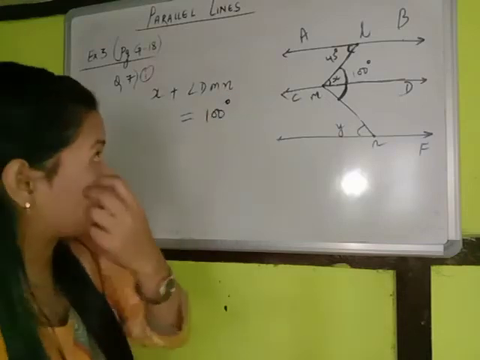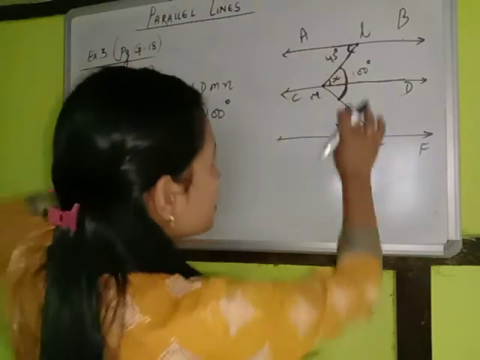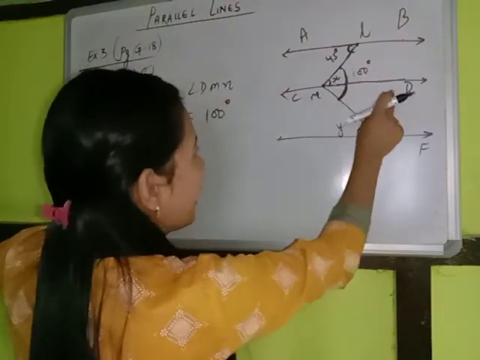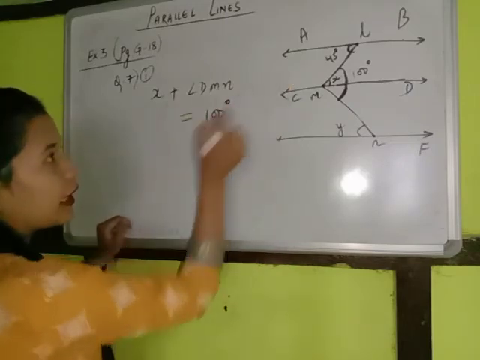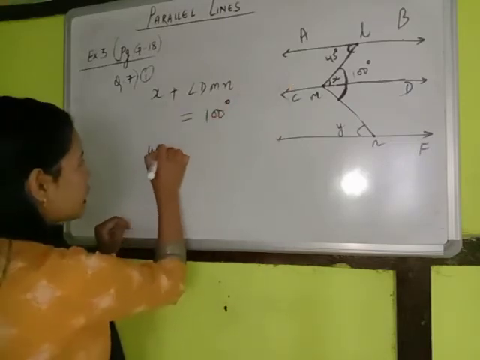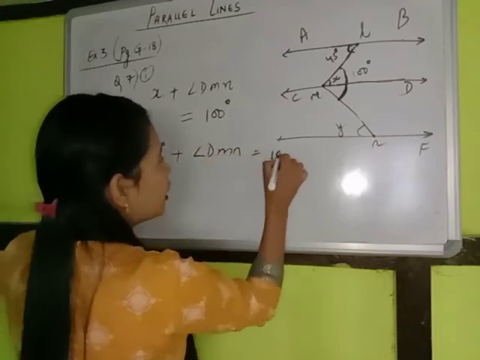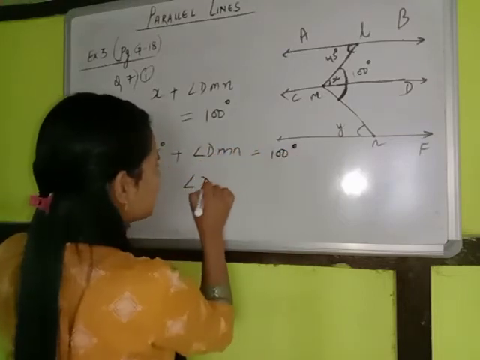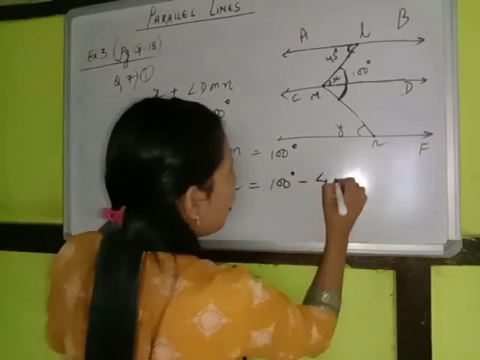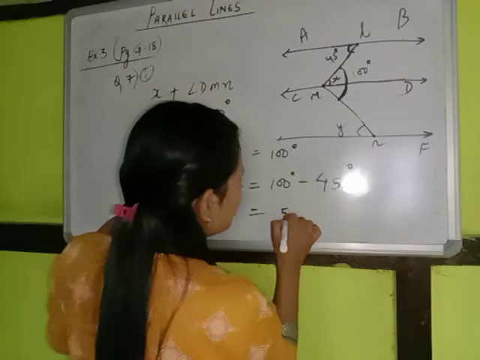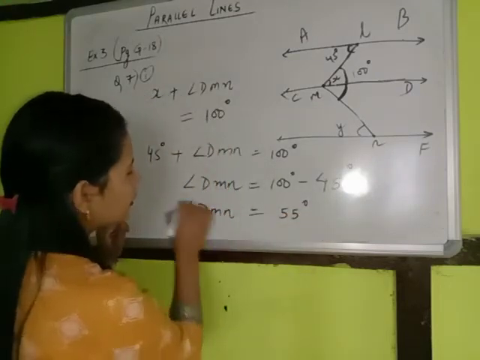Please visualize. So this angle x plus angle DMN will be equal to 100 degree, and we have found out the value of x, that is equal to 45 degree. Okay, plus DMN equals 100 degree. So from here I get the value of angle DMN, that is equal to 100 degree minus 45 degree, that is equal to 55 degree, right? So from here I found out what is DMN.